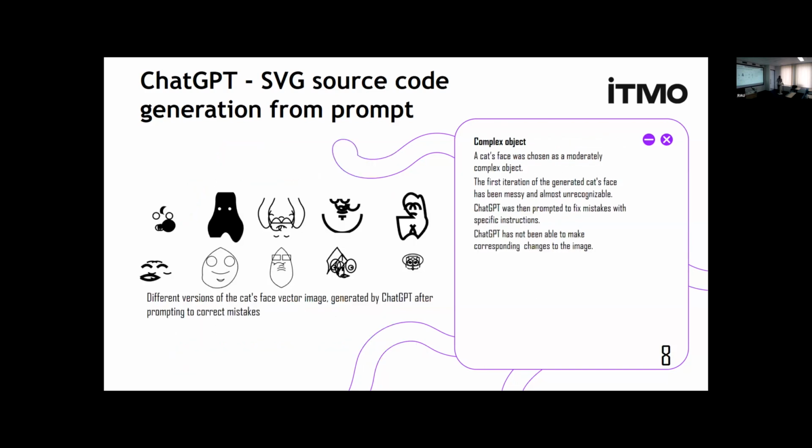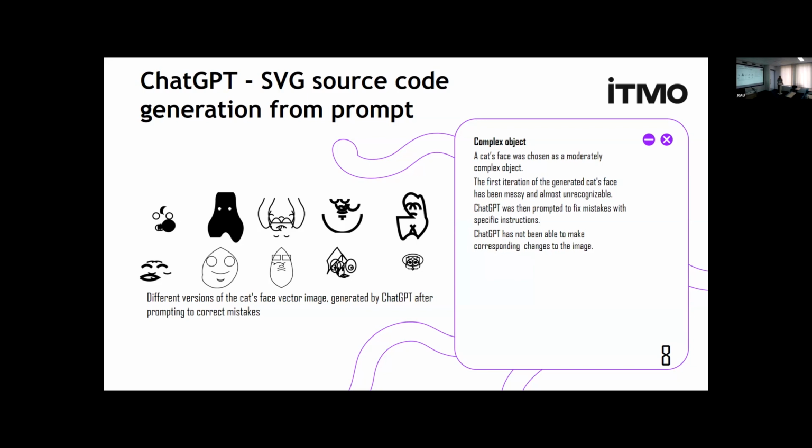The next experiment conducted was trying to generate a complex object. In the role of a complex object, a cat's face was chosen. The first iteration was very messy and almost unrecognizable. Here you can see it in the top left corner.